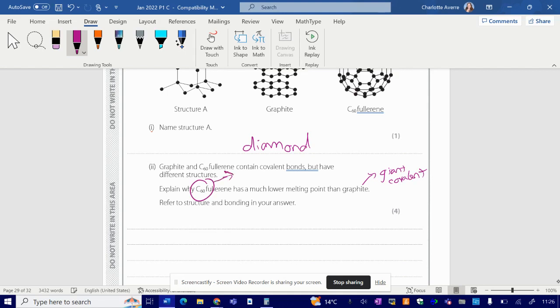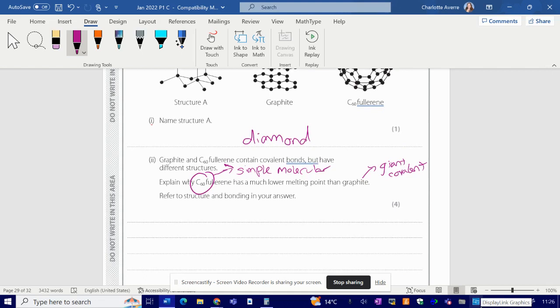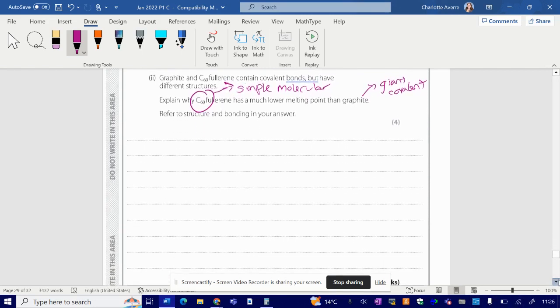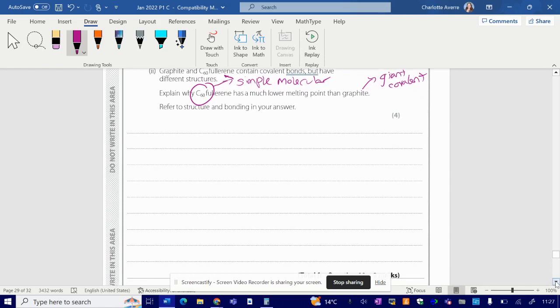That isn't considered giant, so this is a simple molecular substance. So that's going to form the basis of my explanation. 4 marks. So 2 of those marks are going to be for stating the type of bonding, and then we're going to be asked to explain it.